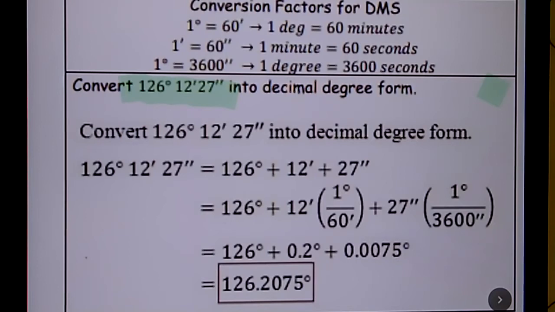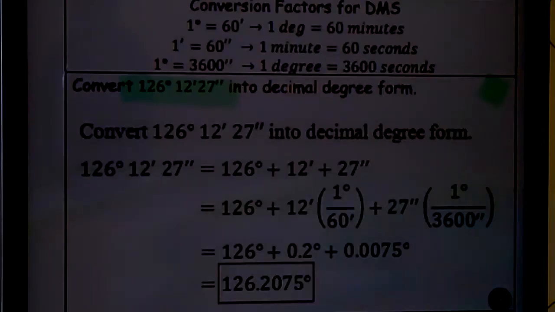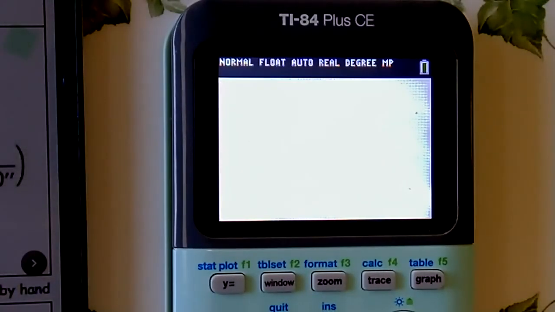So if I was doing this on a calculator, this is how I would normally do it. It was 126 plus, and this is how I usually do it, 12 divided by 60.